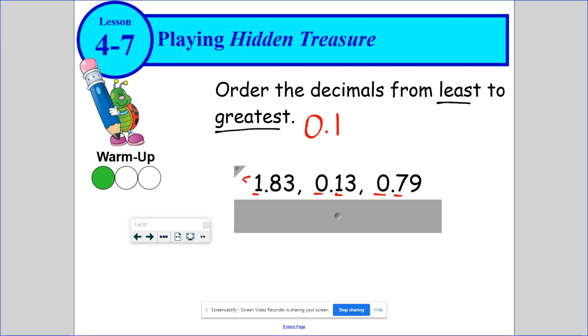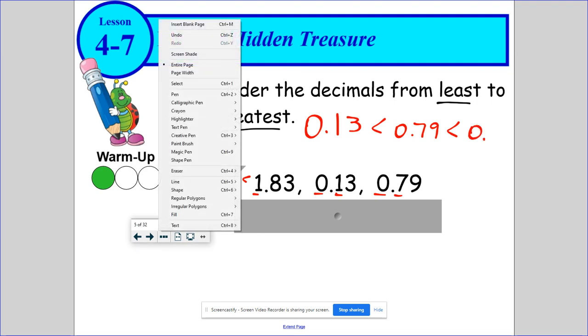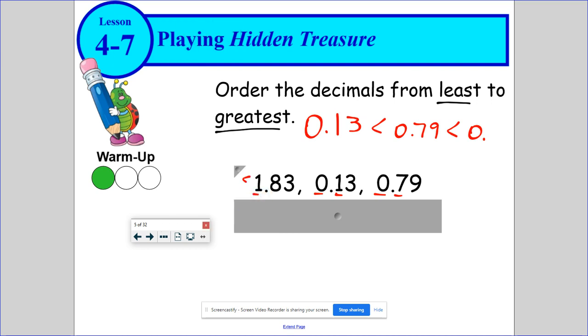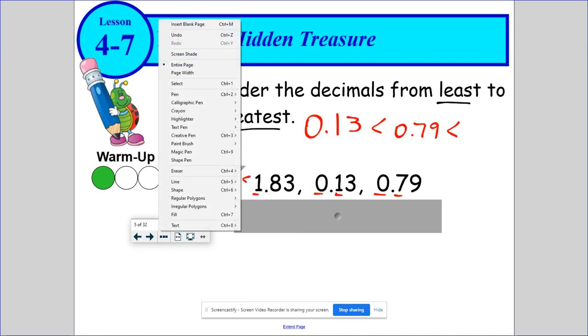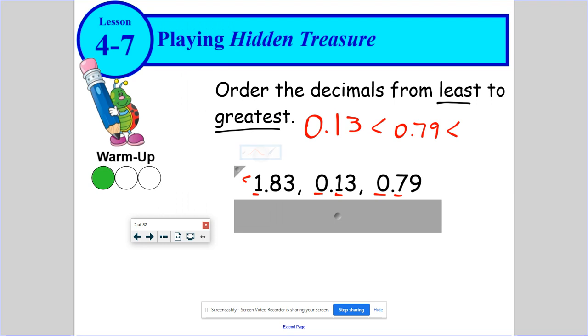So we would have 0 and 13 hundredths is less than 0 and 79 hundredths, which is less than 1 and 83 hundredths. Okay?